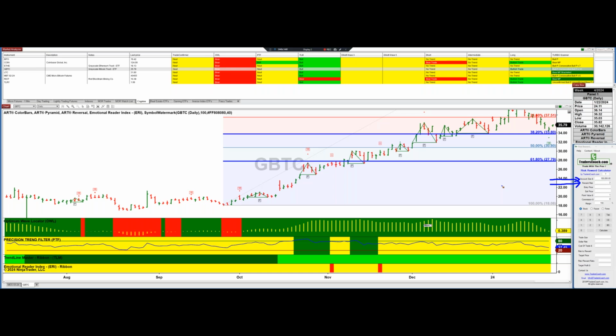Anybody? Correct, 2,000 bucks in this case, right? And that's because that's 2% of 100,000. So that means you could lose 2,000 on the trade, and you would only lose 2% of the 100K, right?